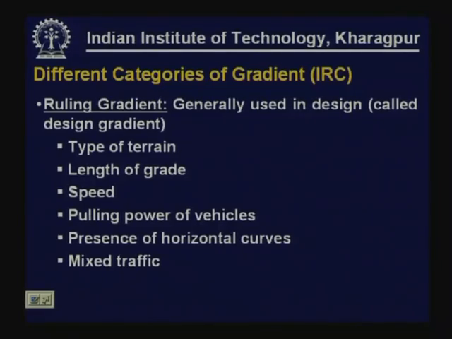Now, let us see different categories of gradient used in the Indian context. IRC defines mainly 3 types of gradient. Of course, there is one lower limit also. So, if we consider them that way, there are 4 types. First is the ruling gradient. Now, ruling gradient is generally what we should try to use for normal design practice.